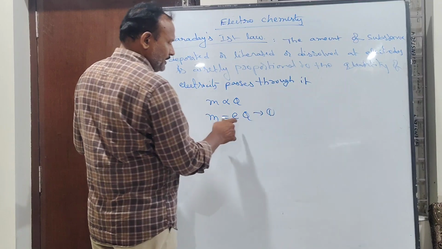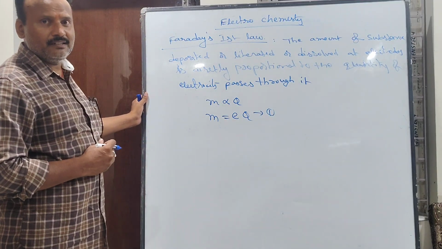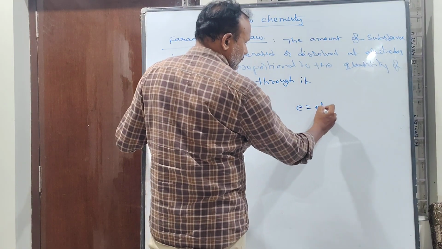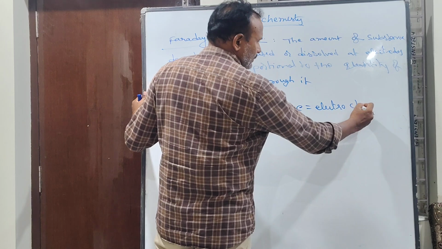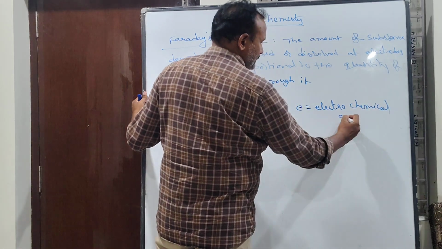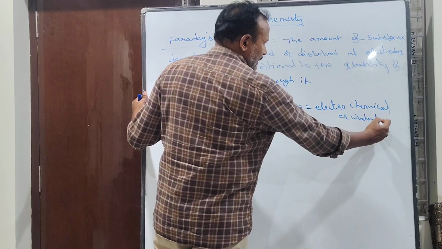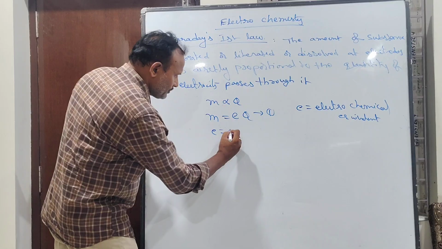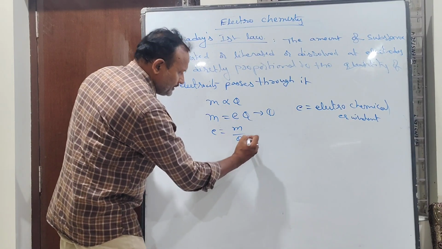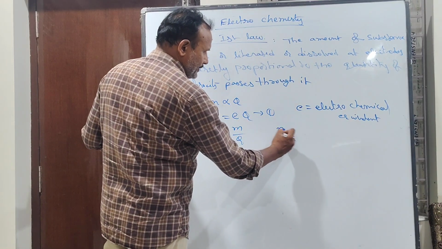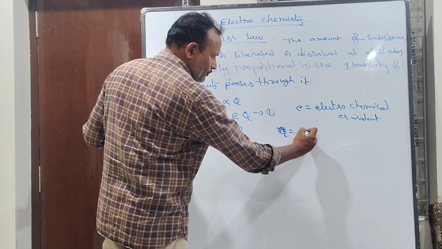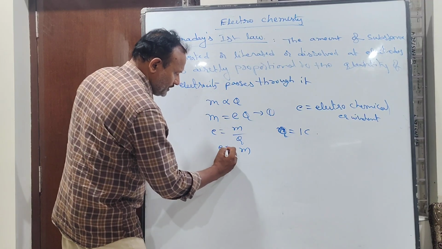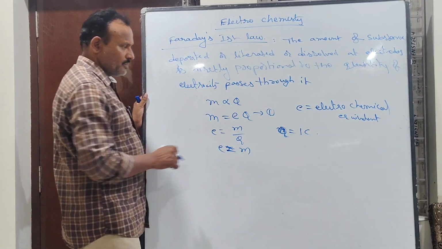Say equation 1. Here what is the small e? Small e is electrochemical equivalent. Look at now, small e is equal to M by Q. Suppose Q is equal to 1 coulomb, then small e is equal to M. Then how to define small e, electrochemical equivalent?